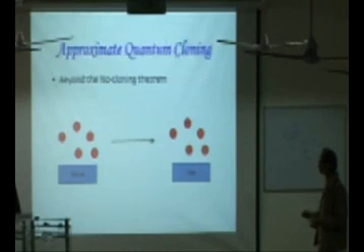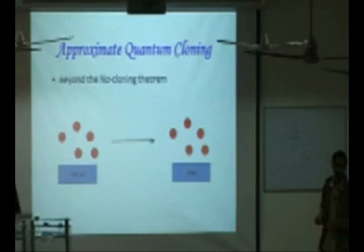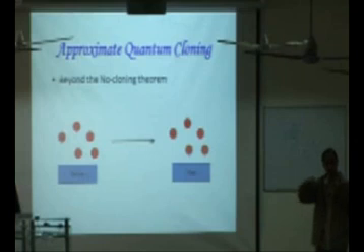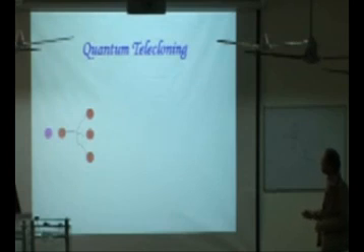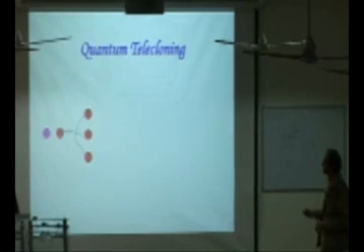And what you do, you prepare approximate copies of that. Quantum telecloning combines these two concepts. So it tries to send a copy through a shared state to many people. So it's like this. There is a guy that is sharing a state with these three guys.